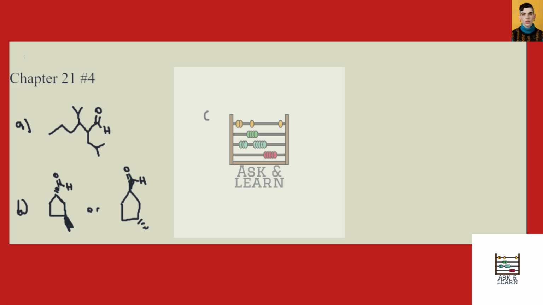So then for C, the name that we're given is 1-methyl cyclopropane carbaldehyde. So again, the root, or the main part of the name, is going to be cyclopropane carbaldehyde. So we need to draw a cyclopropane ring. And then carbaldehyde.